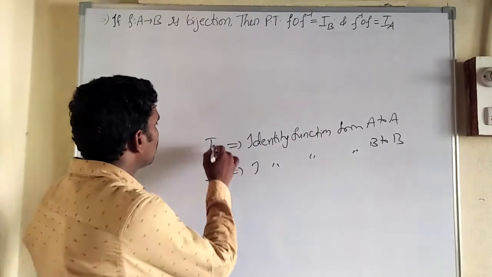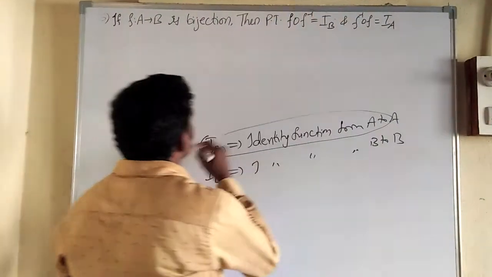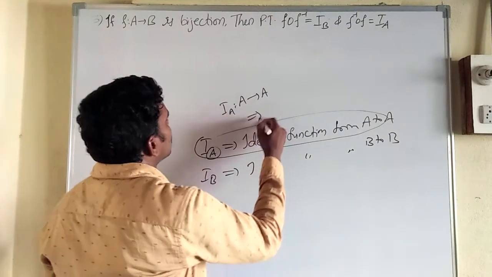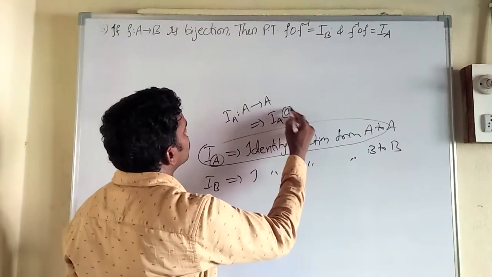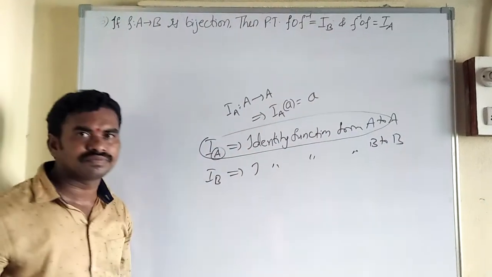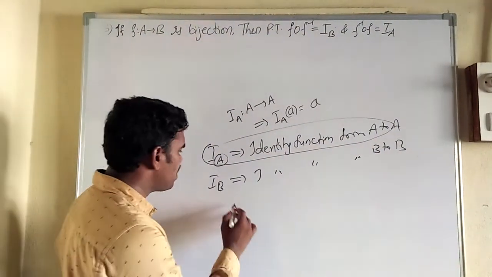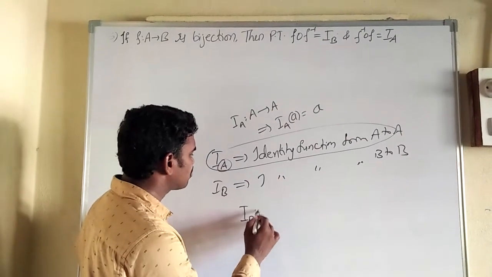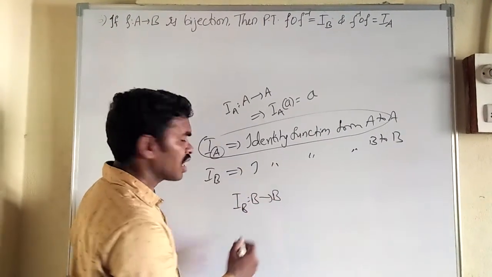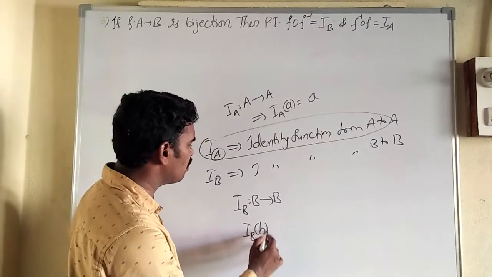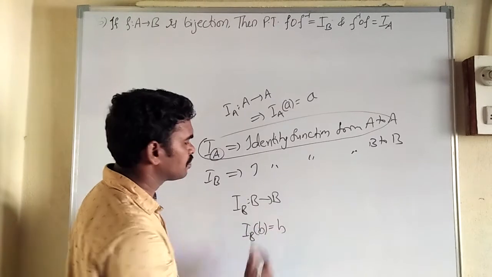Moreover, identity function means IA maps from A to A, that means IA of small a equals small a. IB is the identity function, a map from B to B. How can we define it? We define IB of small b equal to small b.